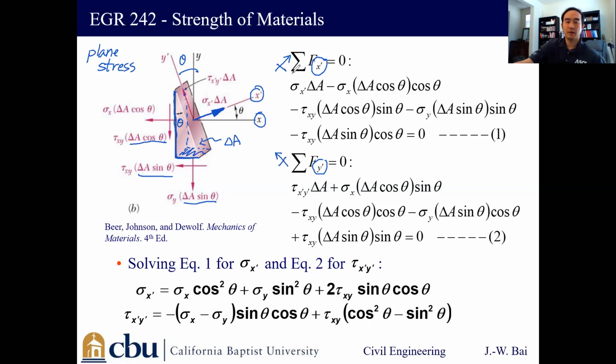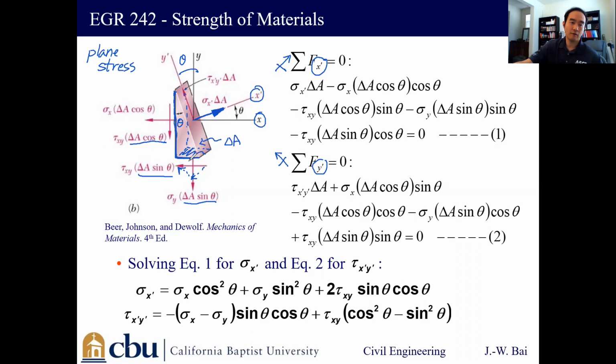Based on my positive signs, here we have the x prime component, and this is the y prime component. All the other four forces, we have to break into x prime and y prime components like this. This is going to be the x prime component of this shear force. This is going to be the y component, because we have to break it into parallel and perpendicular components based on these new axes. Same thing for this force.